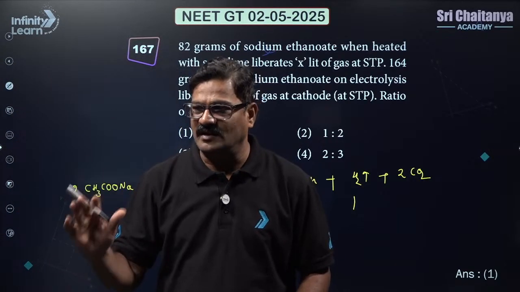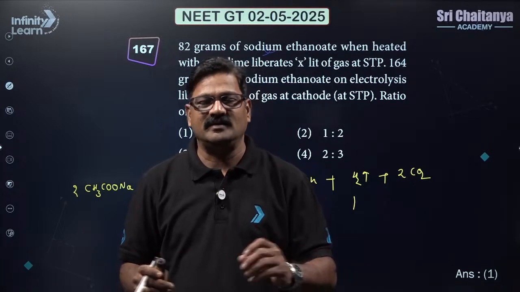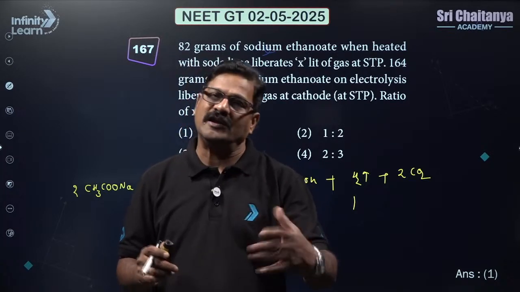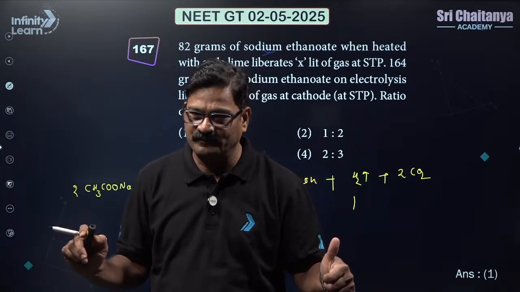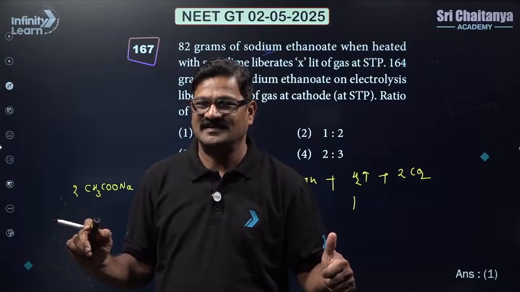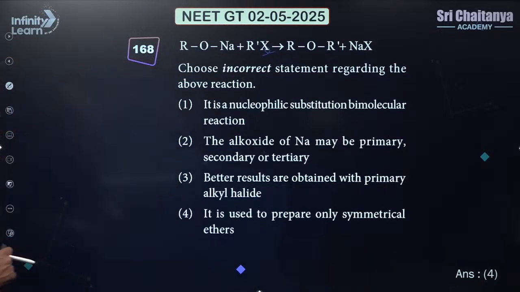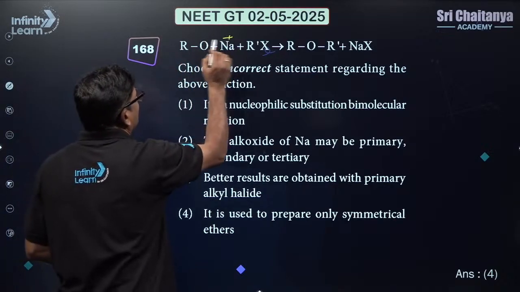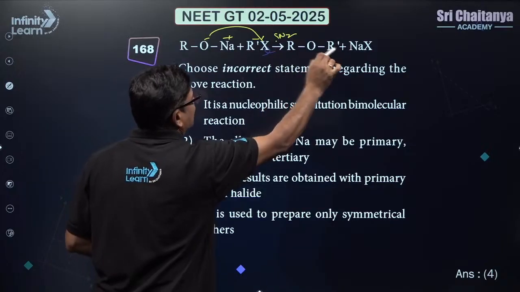The 2,4-DNP test can be given by any aldehyde or ketone, any carbonyl compound, fine? Okay, next, RONa is going to participate in SN2 reaction to give rise to ether.